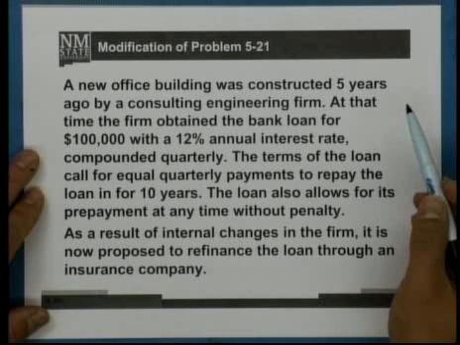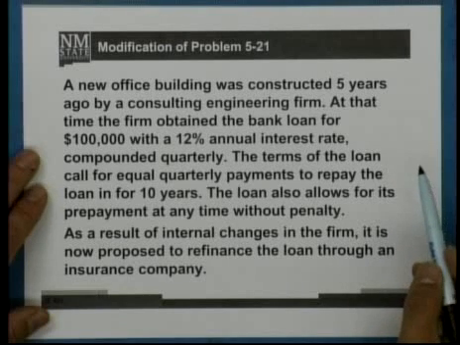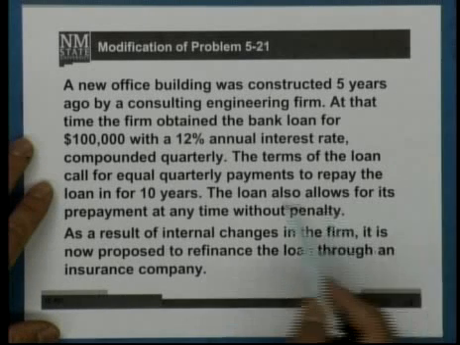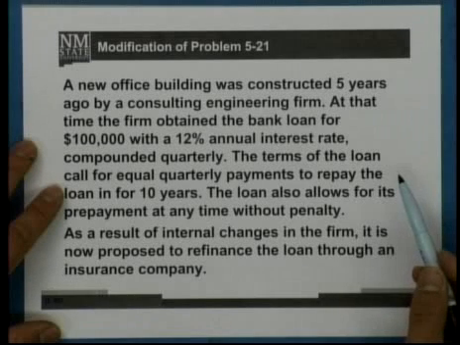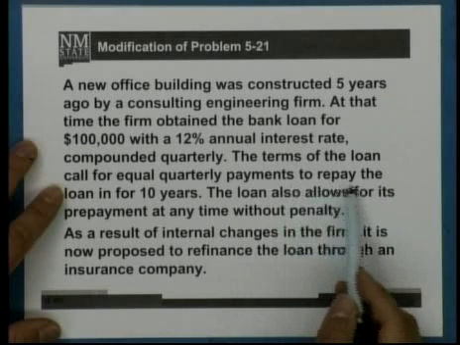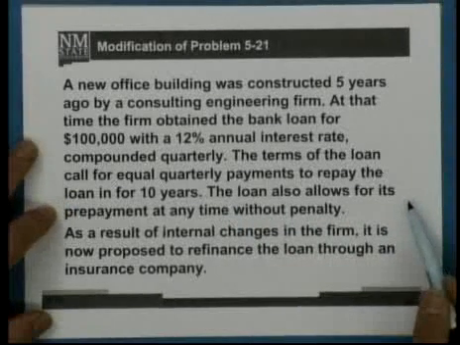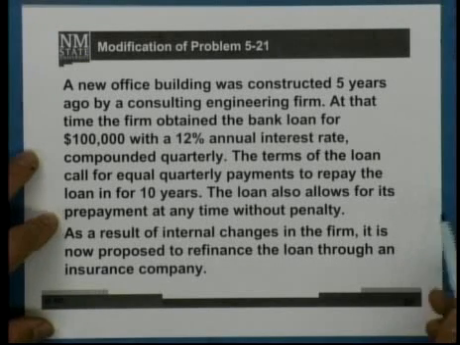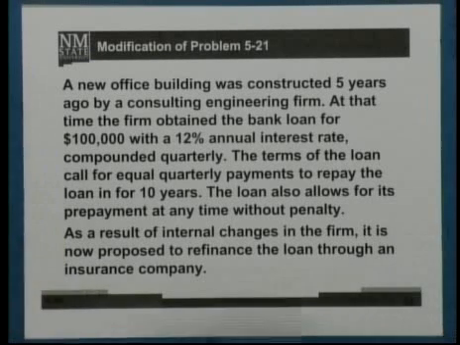At that time, the firm obtained a bank loan for $100,000 with a 12% interest rate, compounded quarterly. The terms of the loan call for equal quarterly amounts to repay the loan over 10 years. The loan also allows for its prepayment at any time without penalty. As a result of internal changes in the firm, it is now proposed to refinance the loan through an insurance company.